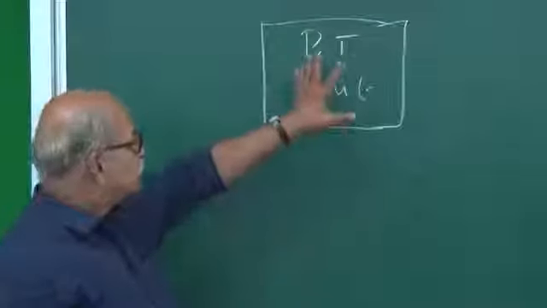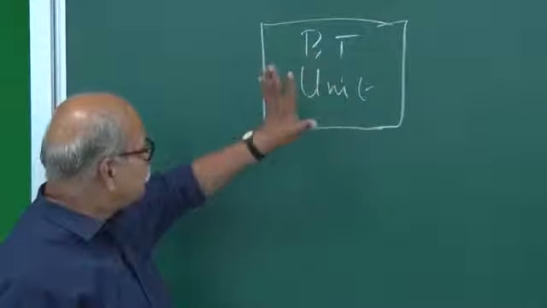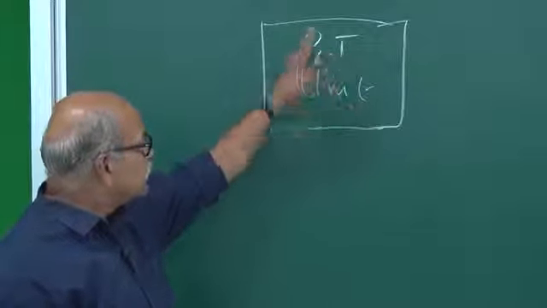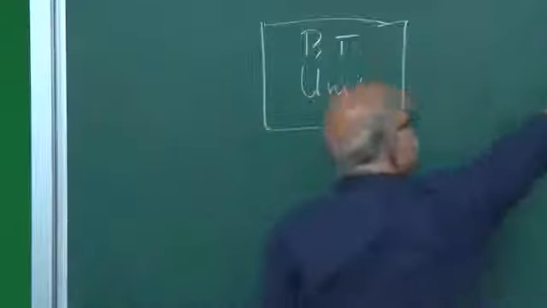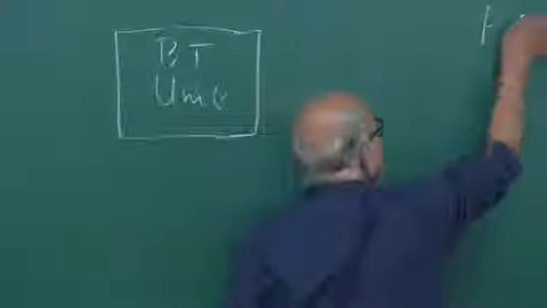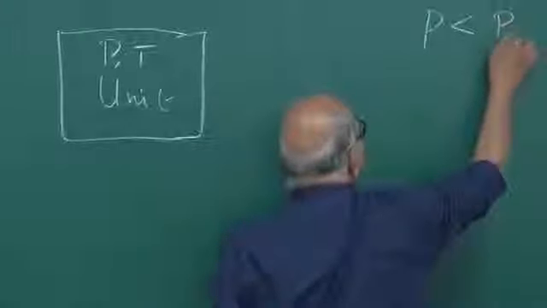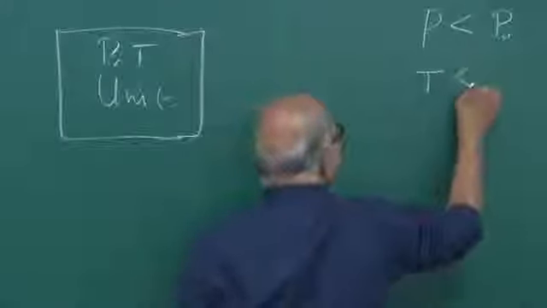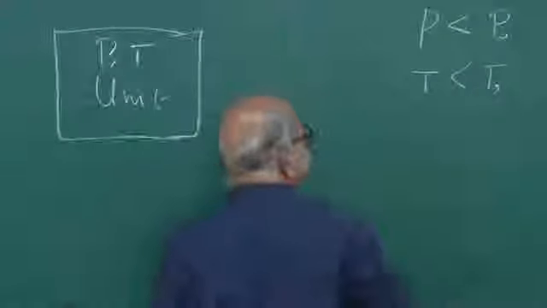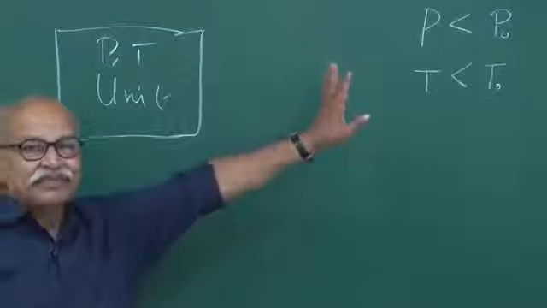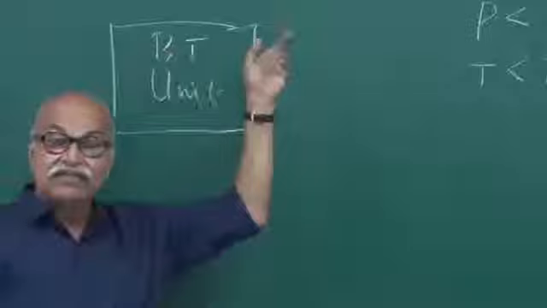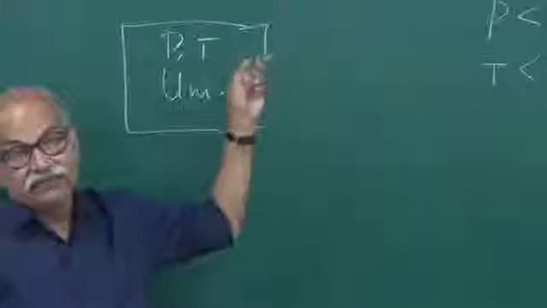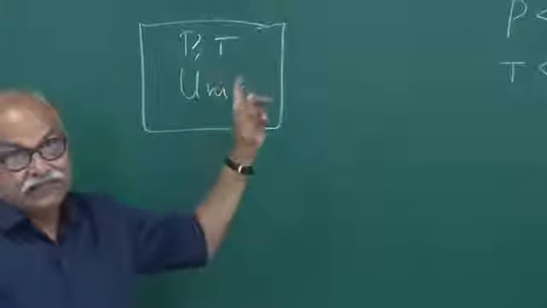In a steady state there should be some fixed pressure and temperature which could vary a little bit, but P should be less than P naught, and T should be less than or equal to T naught. It should not exceed that. If it exceeds, then there should be a signal which says to shut down this plant here itself.